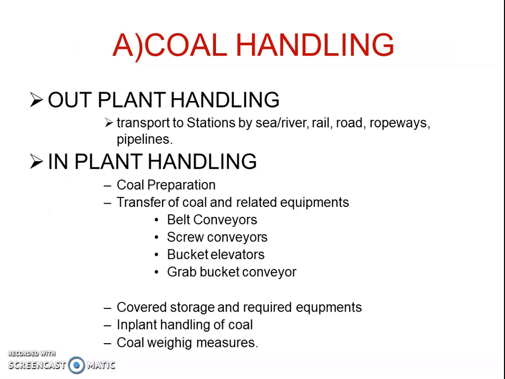First one, coal handling. It plays one of the major roles in the subsystems. There are two types: outplant handling and in-plant handling. In outplant handling, we need to transport coal to the station by sea, river, road, ropeways or pipelines.